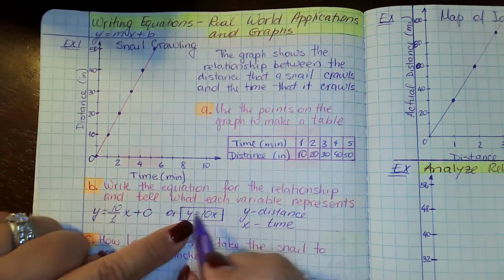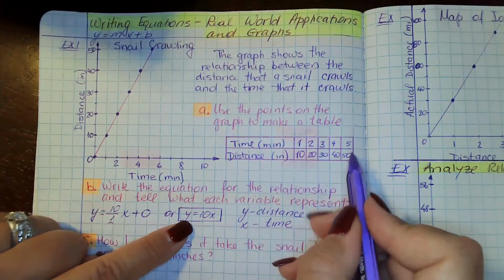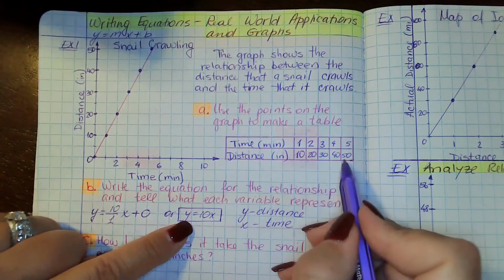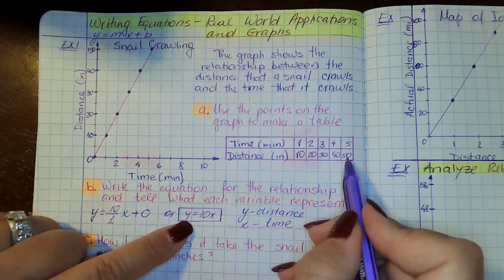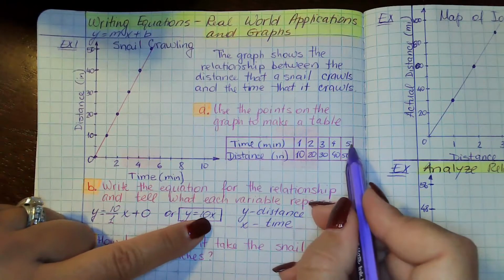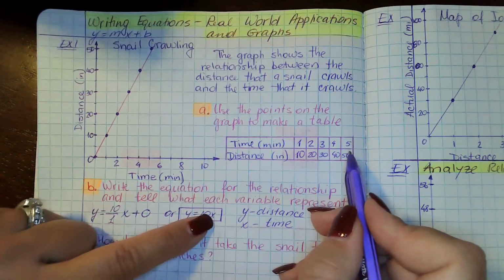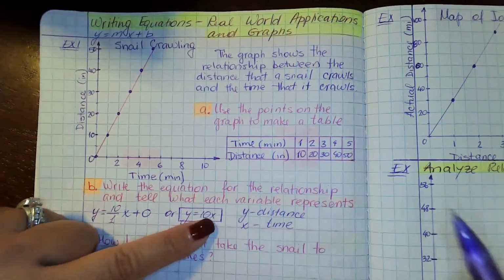So let's check if that works. The distance will be 50 if it's 10 times 5. So the y will be 50 inches if we multiply 10, which is the slope, times the number of minutes. 50 equals 10 times 5, which is 50.